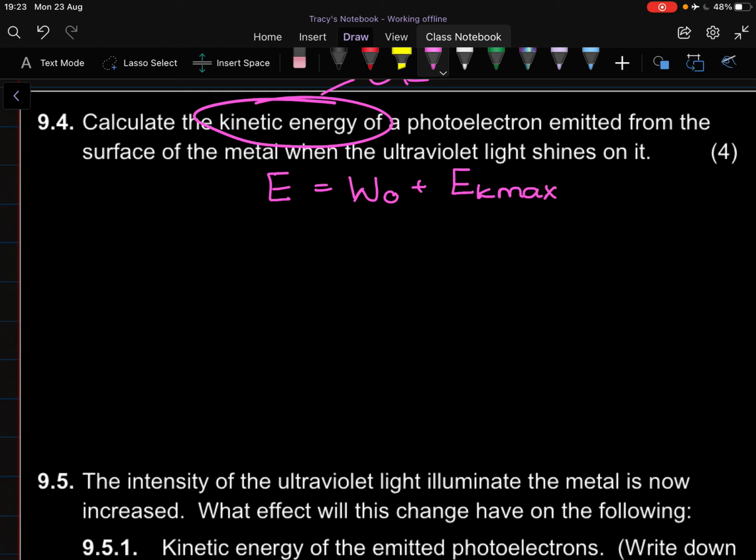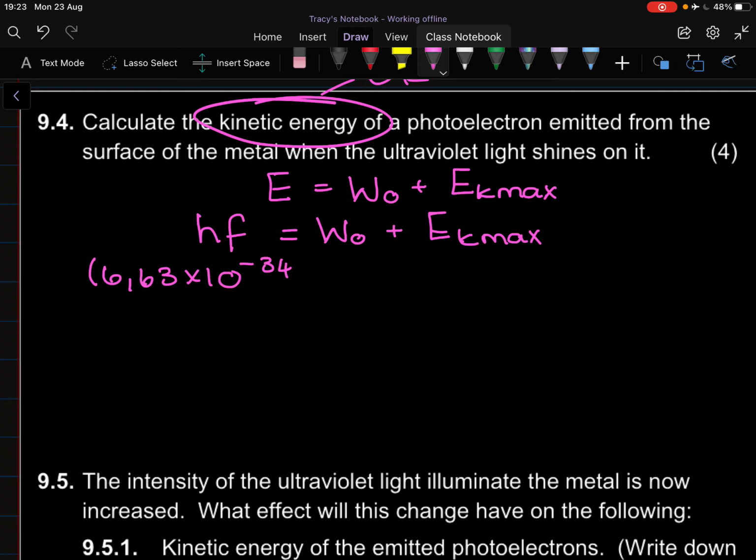Now, we don't have E, so we know we're going to have to use hf. WO was given to me, and I want EK max.